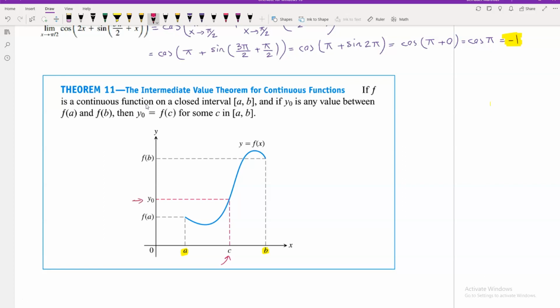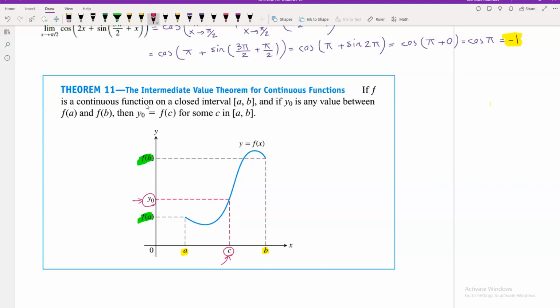This y naught is in the interval f of a and f of b. So if we use x equal to c in our function f of x, we're going to have f of c, and f of c is equal to y naught.